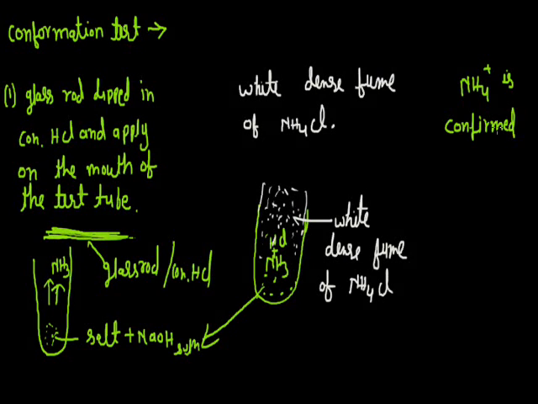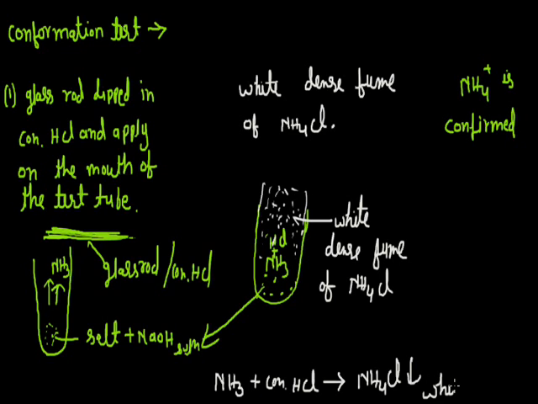In this confirmation test, the chemical reaction is: NH3 liberating from the test tube reacts with the concentrated HCl applied on the glass rod. After the reaction, there is a white dense fume of NH4Cl.